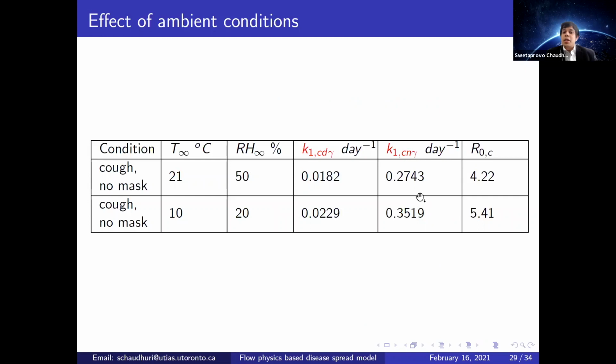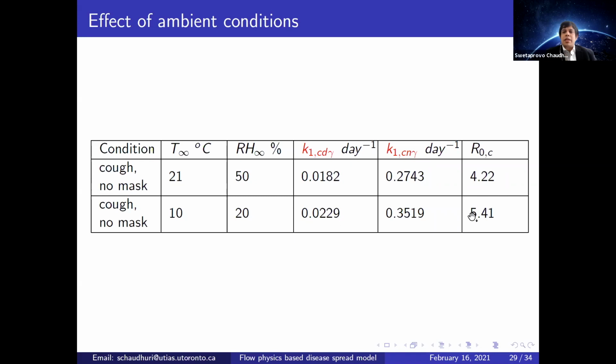As a result, we can clearly see that it is the droplet nuclei, which are essentially aerosol particles, that contribute overwhelmingly over the droplets, even though the contribution to the probability by the droplets is large. And we can clearly see that as we reduce the temperature, because of the longer survivability of both the droplets and the droplet nuclei, these numbers go up, and R naught also increases.